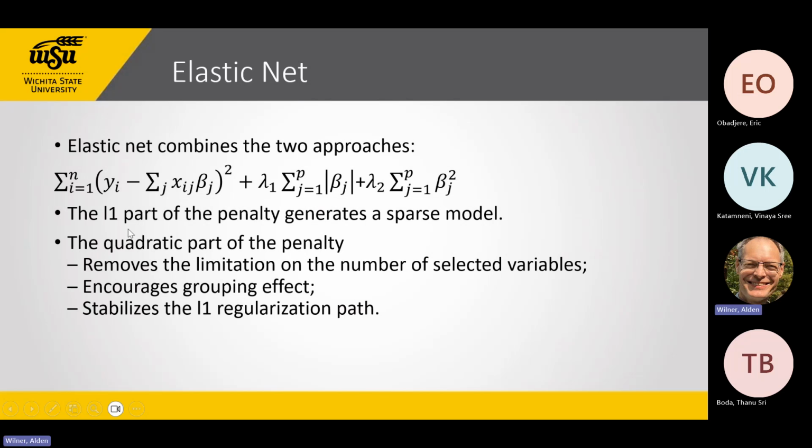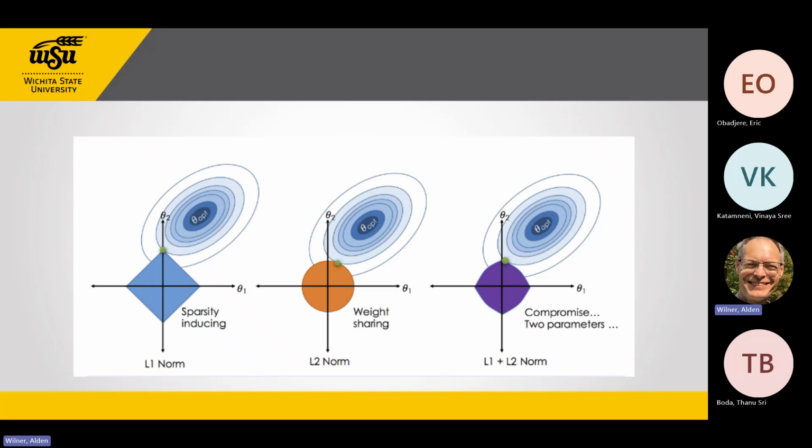So this kind of gives us a sparse model. The quadratic part removes the limitation on the number of selected variables, encourages a grouping effect, pulls things to the axis together, stabilizes that L1 regularization path, and therefore the L1 regularization can pull features out of the model cleanly.